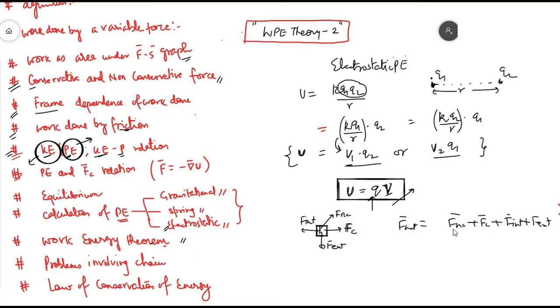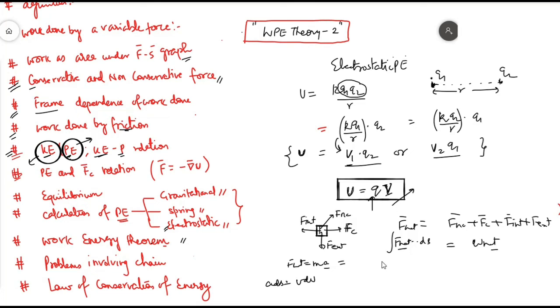Okay, and we have that the integral of F net dot ds is basically the work done by all these forces. So this is going to be W net. Now we have F net equal to M into A, and we have the formula A ds is equal to V dV.